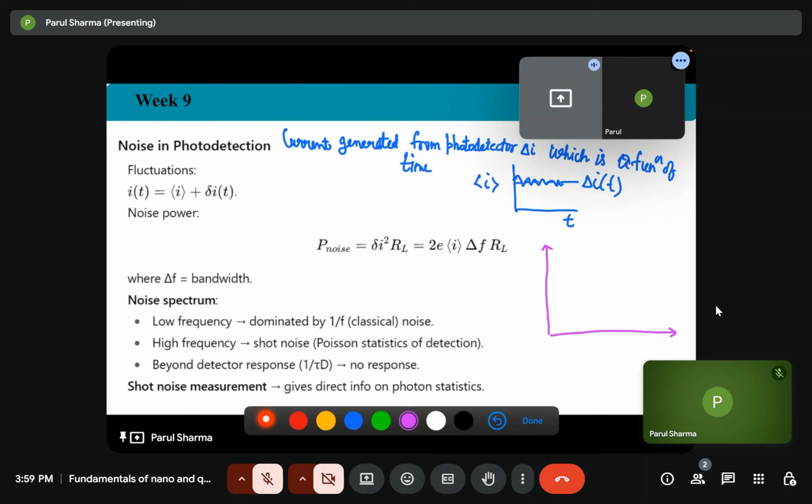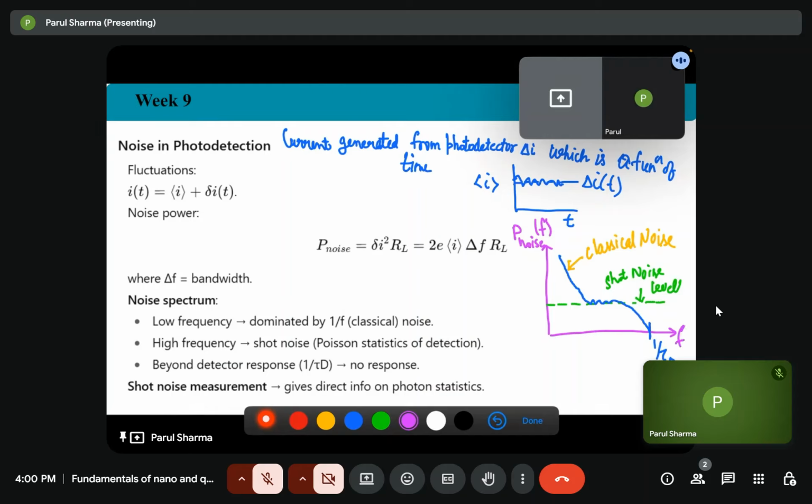So here we have this plot. So this is the classical noise, and this is the shot noise level, and this is defined by P noise, that is noise power as a function of frequency.